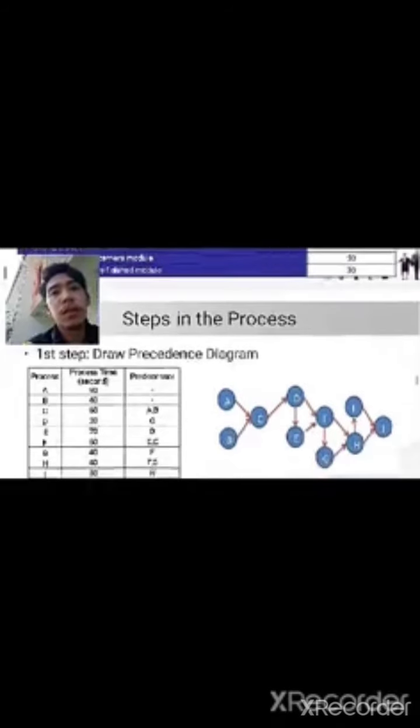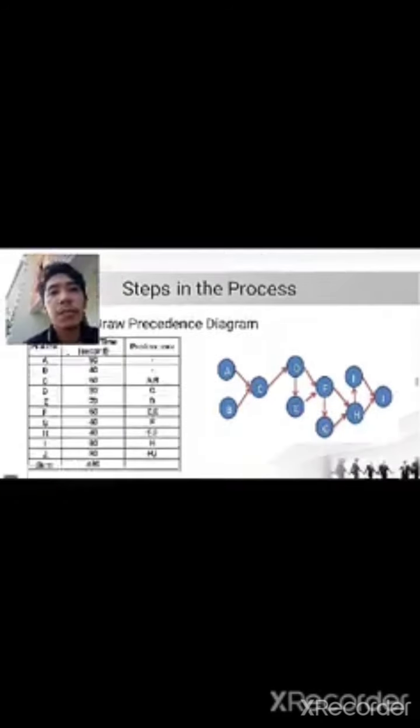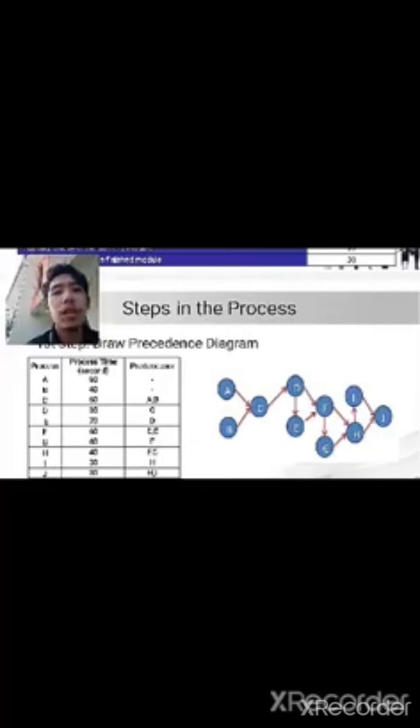The first step is to draw the precedence diagram. We have a table below with the process time in seconds and the predecessor, and here on the right side, we draw the precedence diagram of our process.